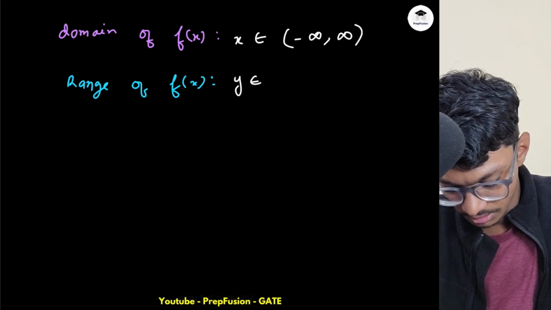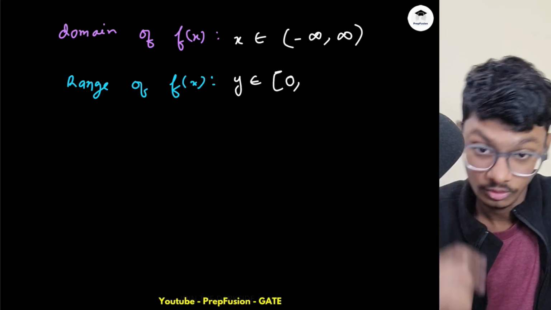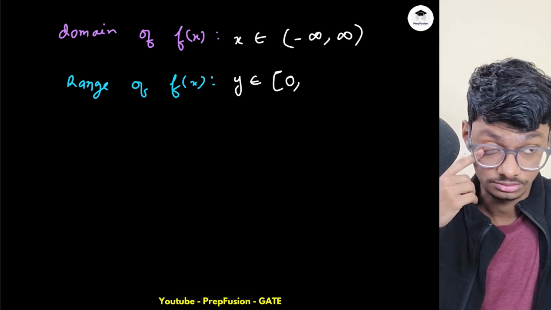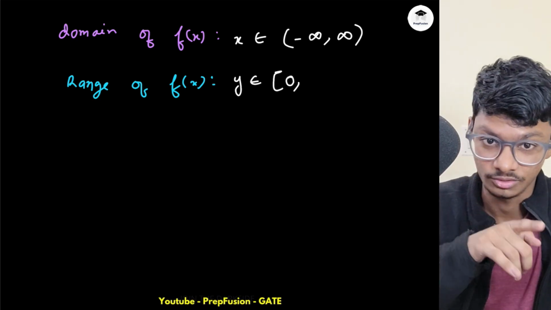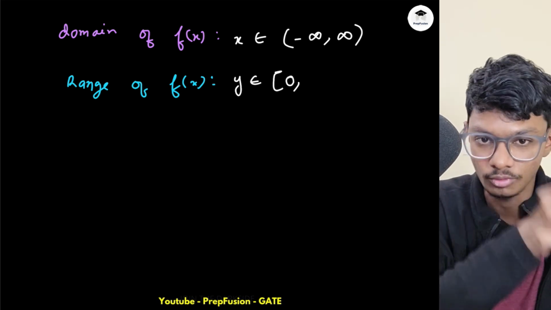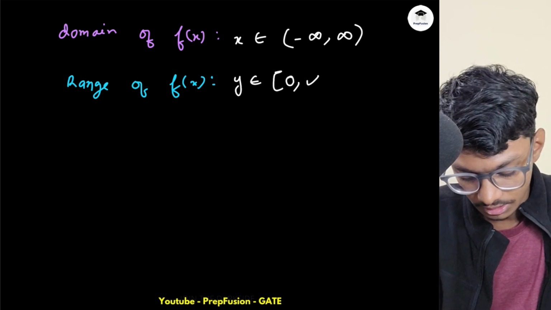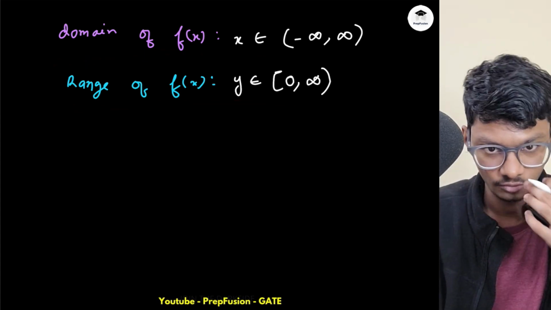Basically y can only be non-negative values. Non-negative includes 0 as well. Positive does not include 0. That is also another important fact. So this is my range of f of x and this is my domain of f of x. No further discussion on this.